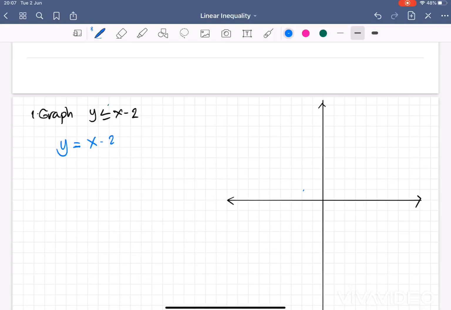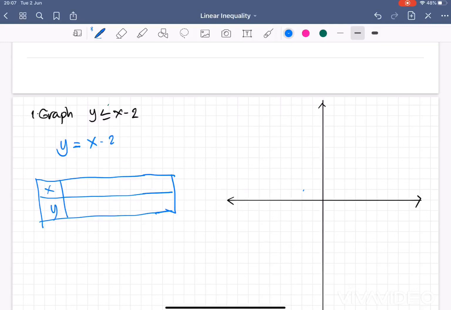Next is to set up a table for our x and y, and we let x be our independent variable and y be our dependent variable. In making the table, you can assume any values for x. But let us see, suppose we have negative 2.